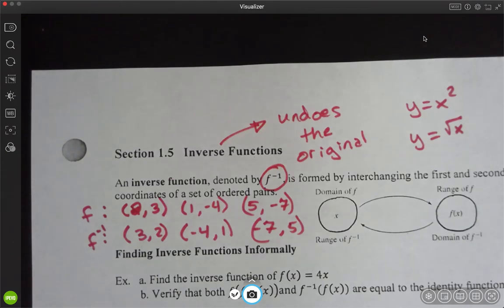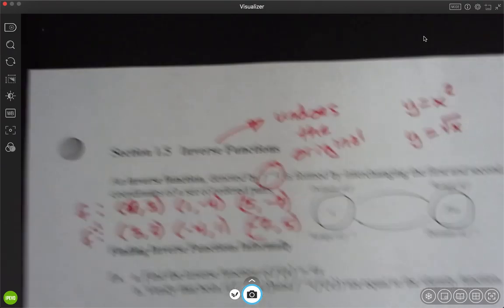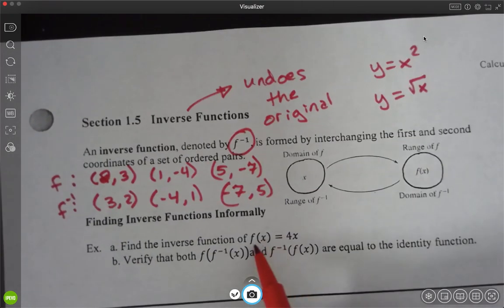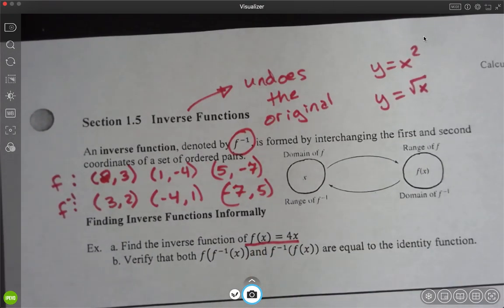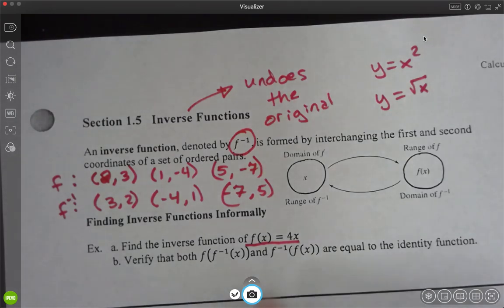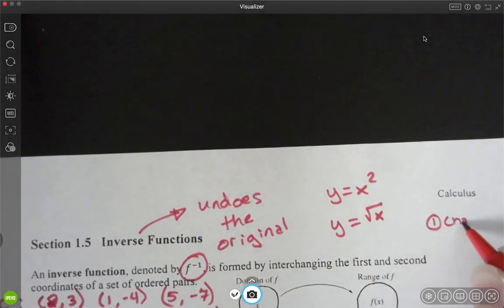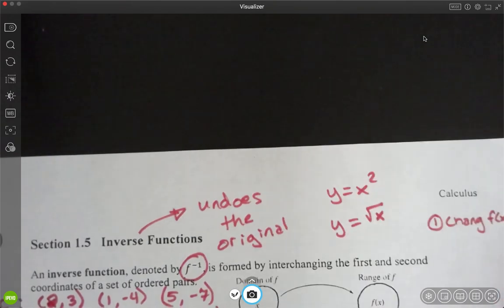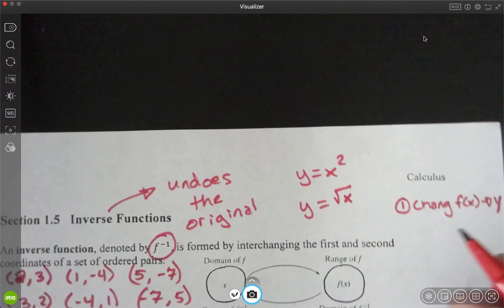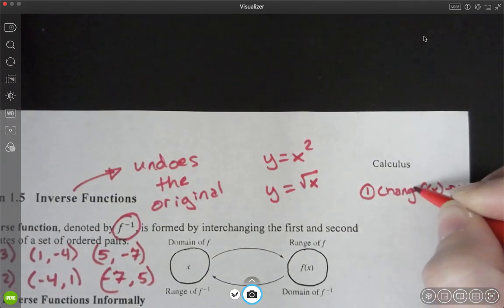Now, when you're given functions instead of ordered pairs, such as finding the inverse of 4 to the x power, there are 4 steps. Do you remember doing this in 4 steps? Step number 1, change f of x to y.